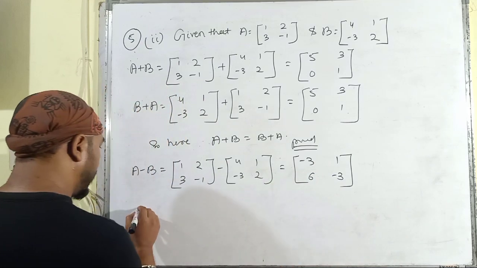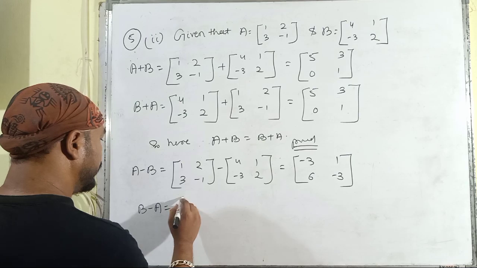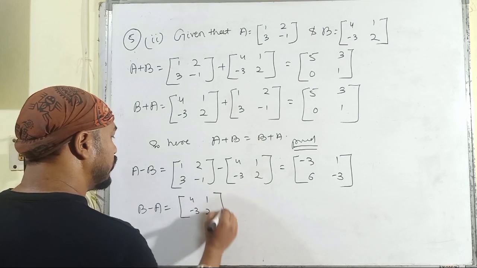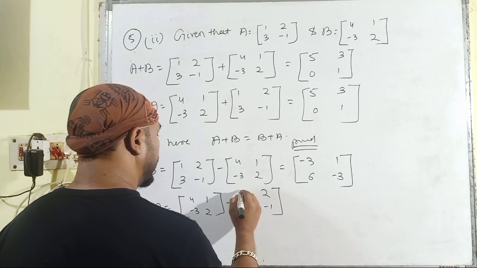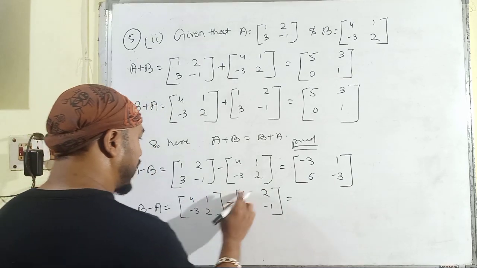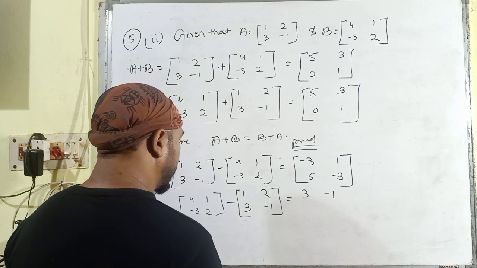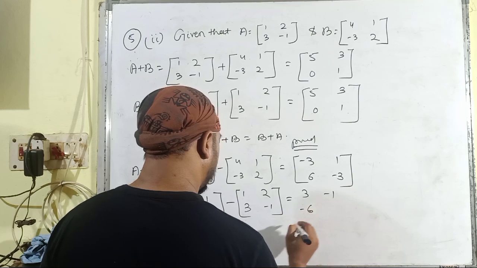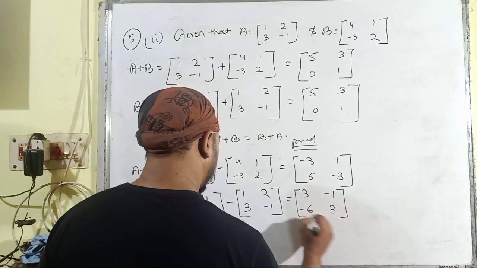So this is A minus B, then B minus A. So it is 4, 1, minus 3, 2, minus 1, 2, 3, minus 1. Just subtracting the corresponding elements. 4 minus 1, it is 3, 1 minus 2, it is minus 1, minus 3 minus 3, it is minus 6, then it is 2 minus minus 1, that means it is plus 3.